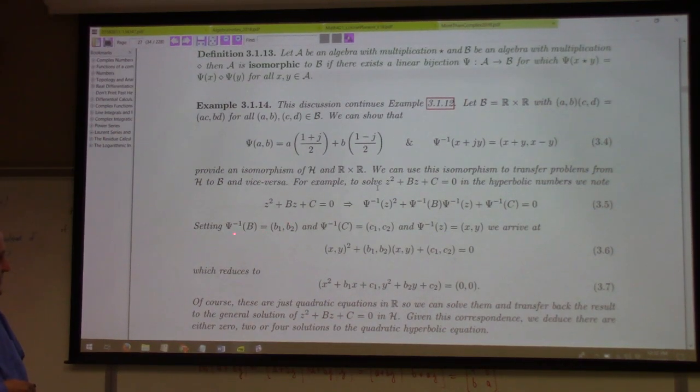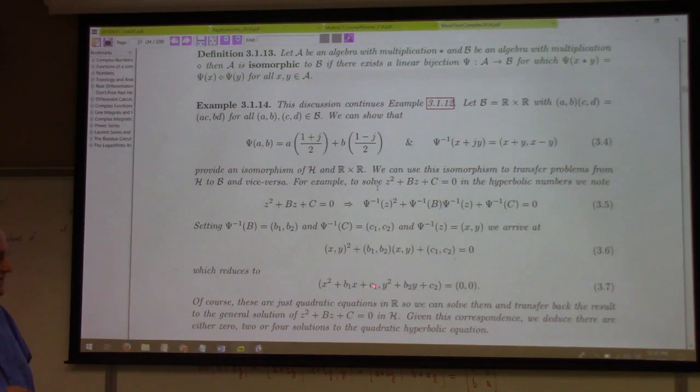If I introduce notation, like that's (b1, b2), that's (c1, c2), then this equation 3.5 is just (x, y) squared plus (b1, b2)(x, y) plus (c1, c2) equals 0. And if I simplify that further, that's actually (x squared plus b1 x plus c1, y squared plus b2 y plus c2) equal to (0, 0).